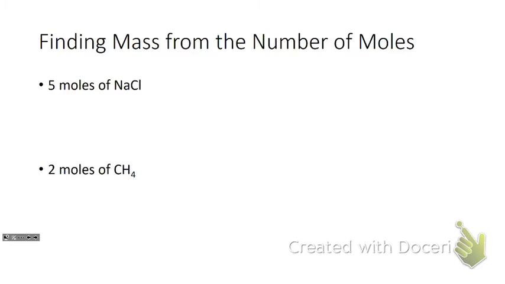So, if we wanted to isolate for our little m, so N is equal to the number of moles, which is equal to the mass of the sample divided by the molar mass. This is our formula, right? Now, if you wanted to find the mass, how would we get this little m by itself?